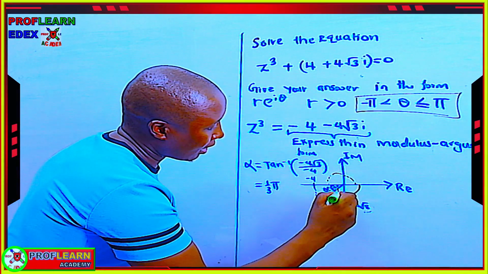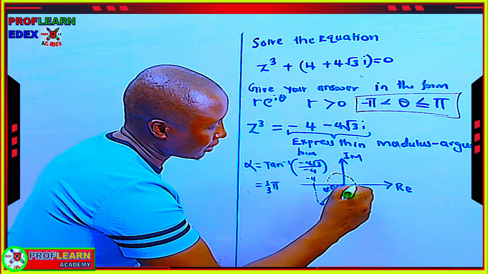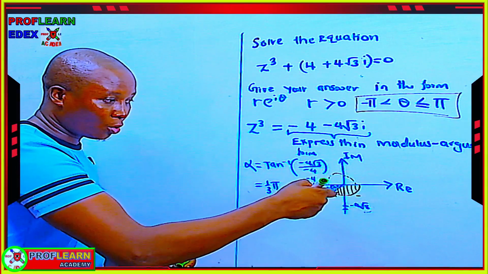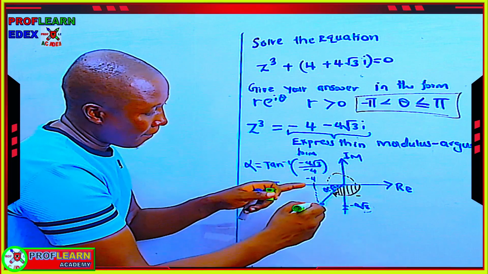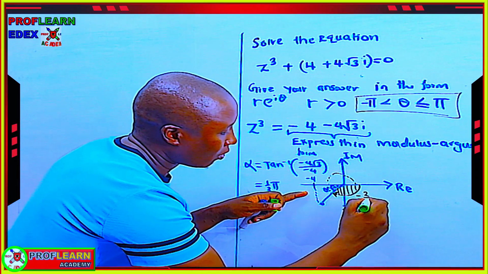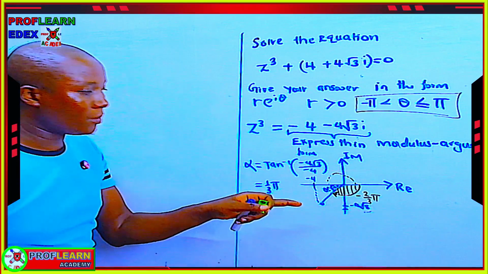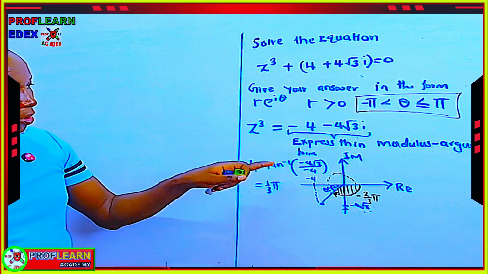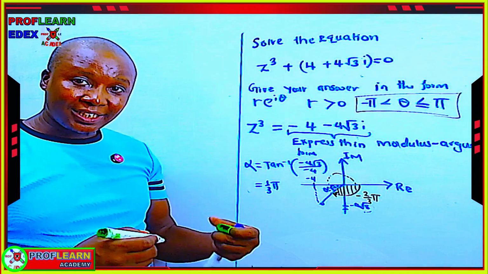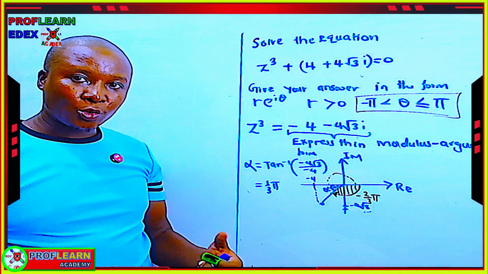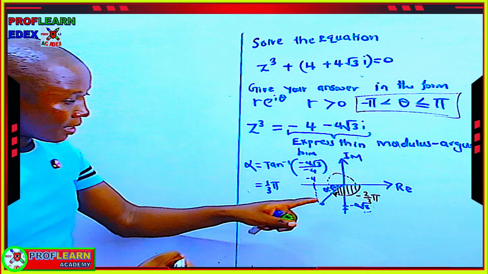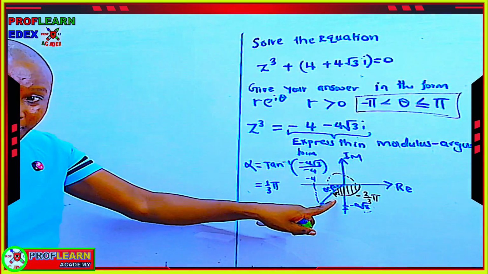So our theta will be this angle, which is going to be negative, because we are measuring in the clockwise direction, is going to be pi minus 1 over 3 pi. That will be negative 2 over 3 pi. So which means theta should be negative 2 over 3 pi, because we are measuring it in the clockwise direction in order to reach this particular point.